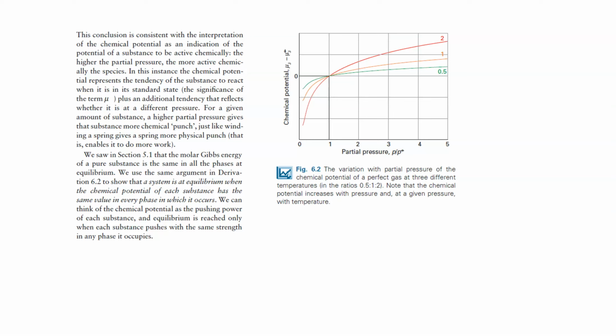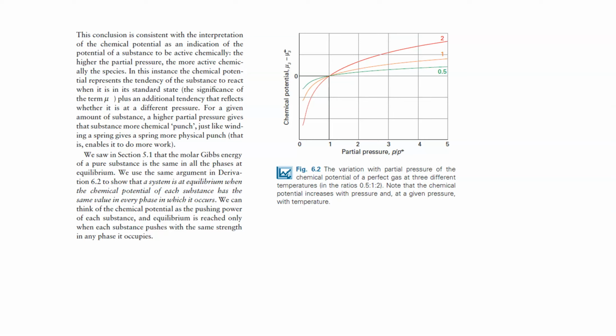In this instance, the chemical potential represents the tendency of the substance to react when it is in standard state, the significance of the term mu, plus an additional tendency that reflects whether it is at a different pressure. For a given amount of substance, a higher partial pressure gives the substance more chemical punch, just like winding a spring gives a spring more physical punch, that is, enables it to do work.